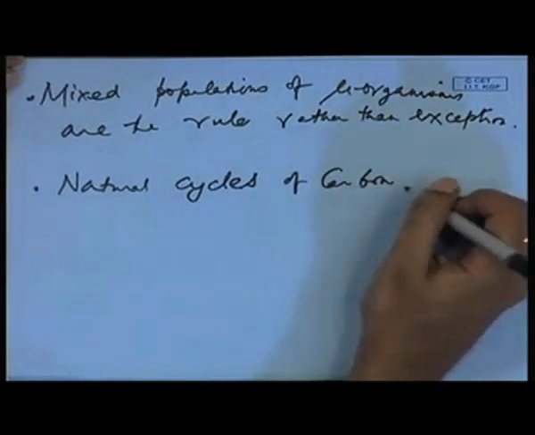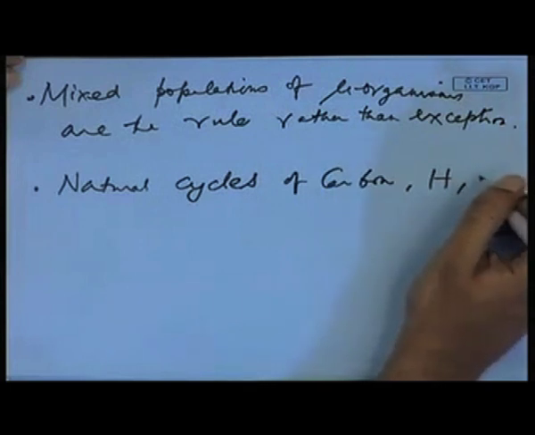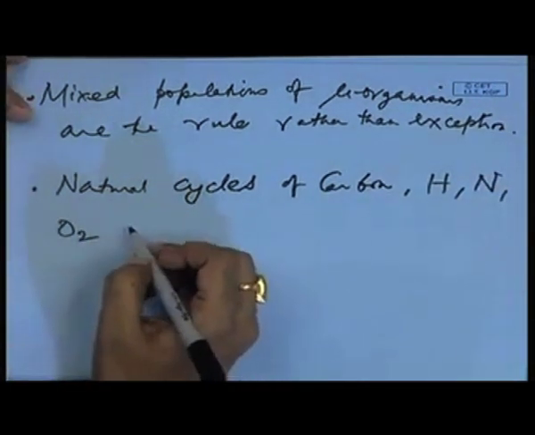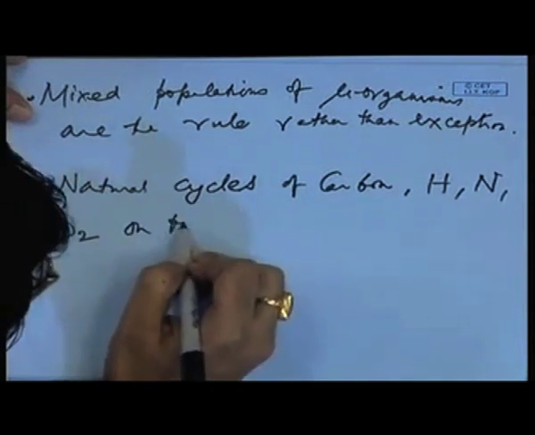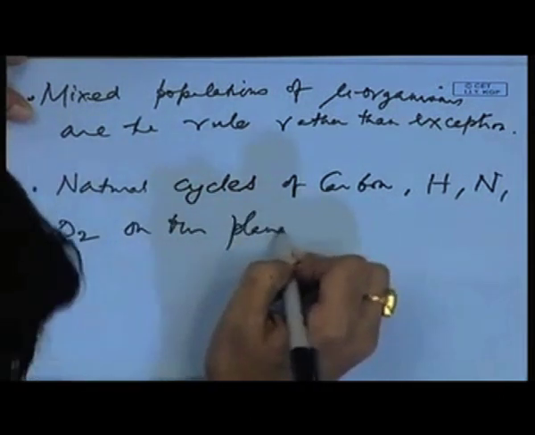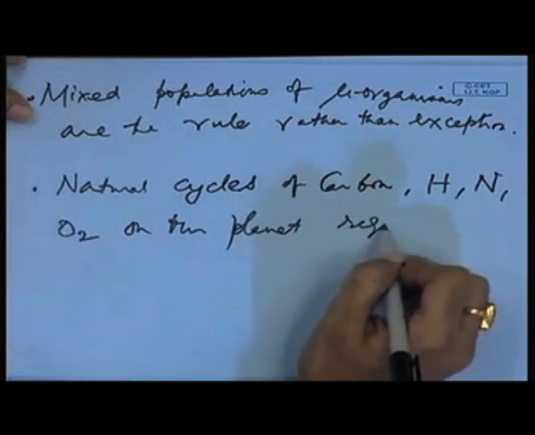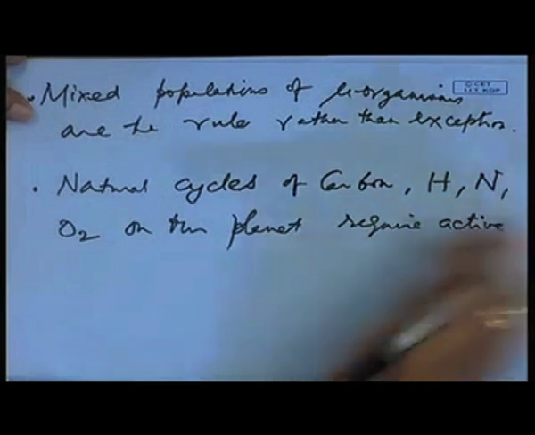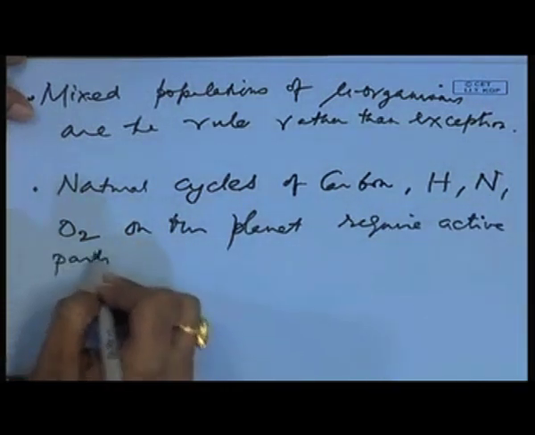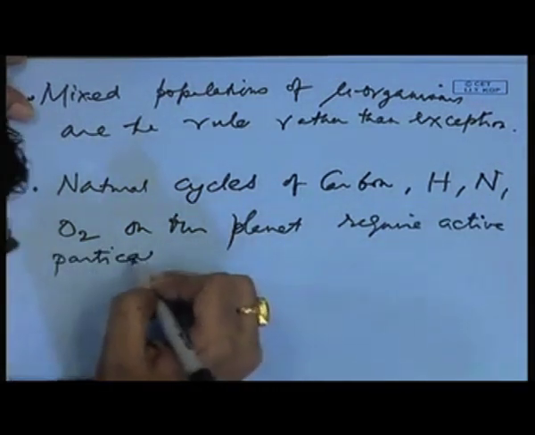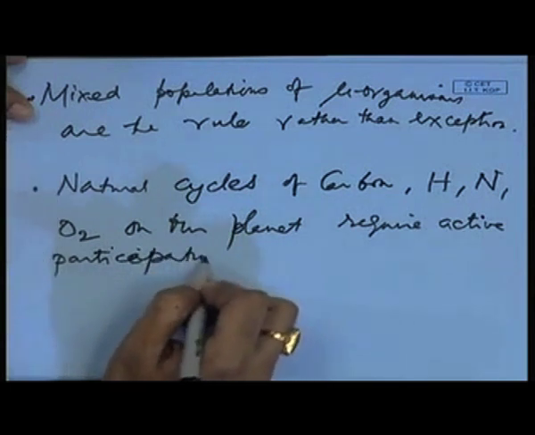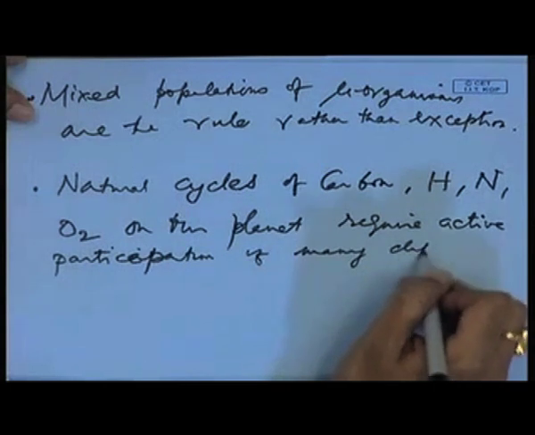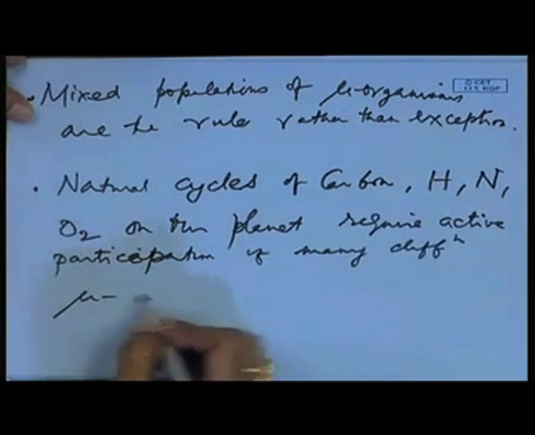So, natural cycles of carbon, hydrogen, nitrogen, oxygen on our planet require the active participation of many different microorganisms.